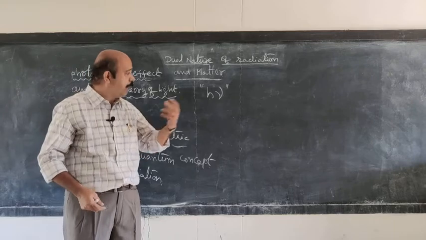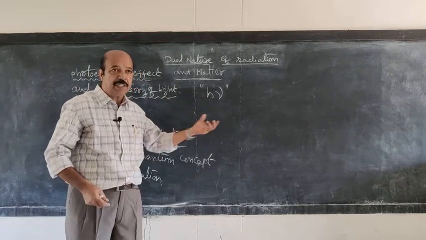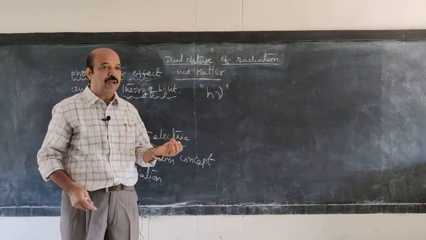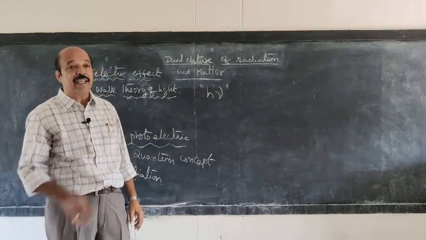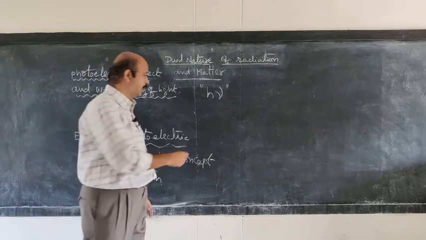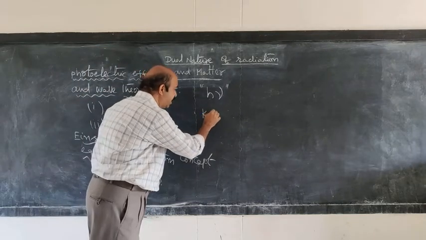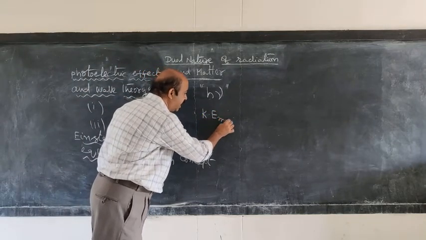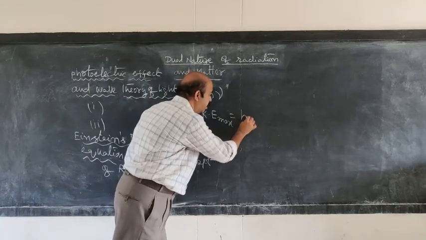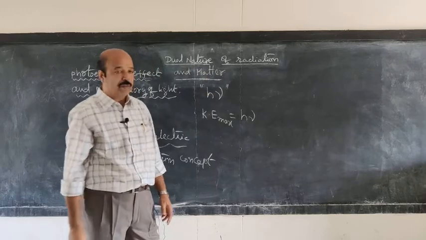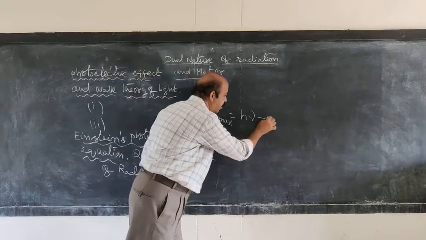So a part of this energy quantum is used for the work function, and the remaining is seen as kinetic energy of the emitted photoelectrons. So he gave this equation: the maximum kinetic energy of the emitted photoelectrons is given by the energy of the quantum minus the work function.